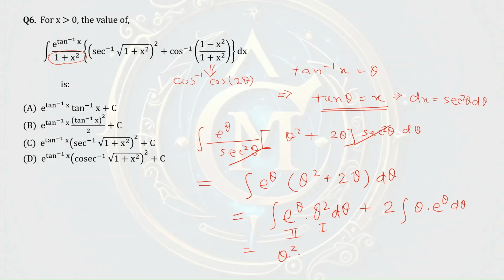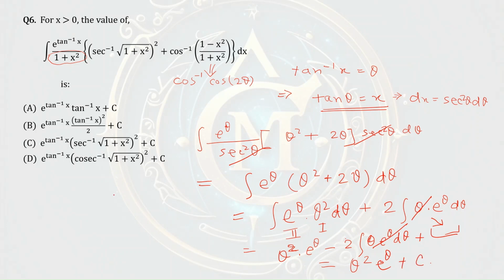So theta square times the integral of second function, that is e to the power theta, then minus derivative of first, that means 2 theta. So 2 I kept outside, and then integral of second function, that is e to the power theta d theta, plus this term. Now see, this term and this term will cancel each other. So we are left with theta square e to the power theta plus integration constant.